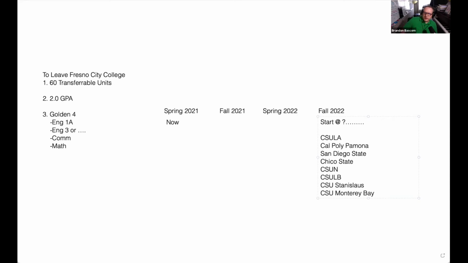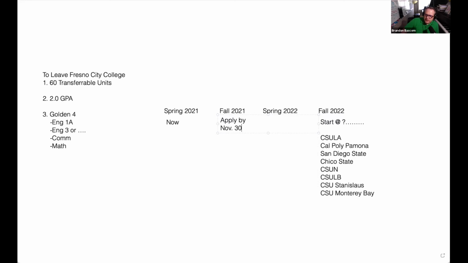Now, what I want y'all to know is that you've got to start a year in advance preparing to transfer. So if you're planning to start somewhere in fall of 22, that means you're applying a year in advance by November 30th. Okay? That's coming up.